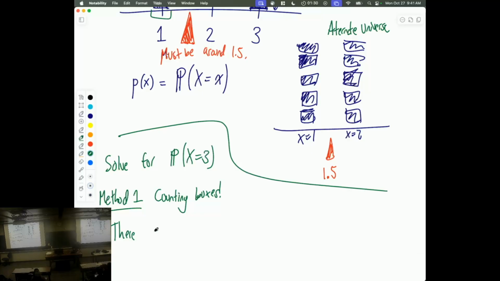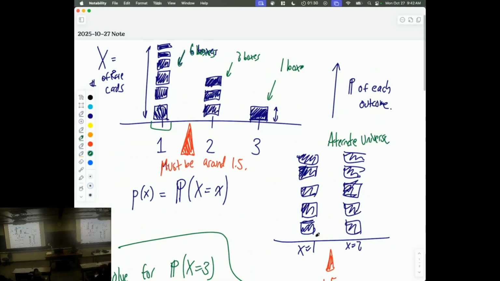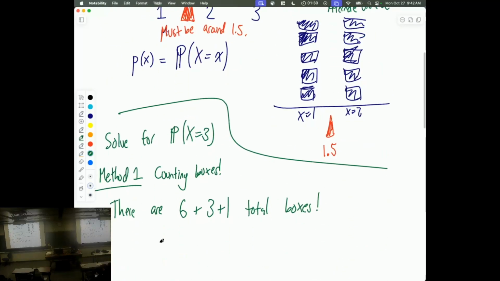There are 6 plus 3 plus 1 total boxes. And each box, again, remember, represents some amount of probability, and we did 6 and 1 to represent the fact that this one was 6 times bigger than that one. So there's 10 total boxes, and if there are 10 total boxes, how big is each box?